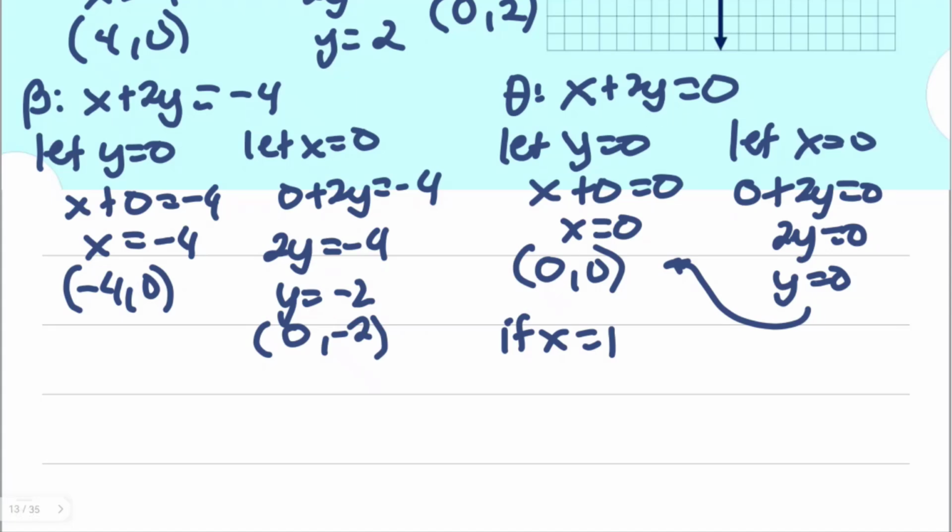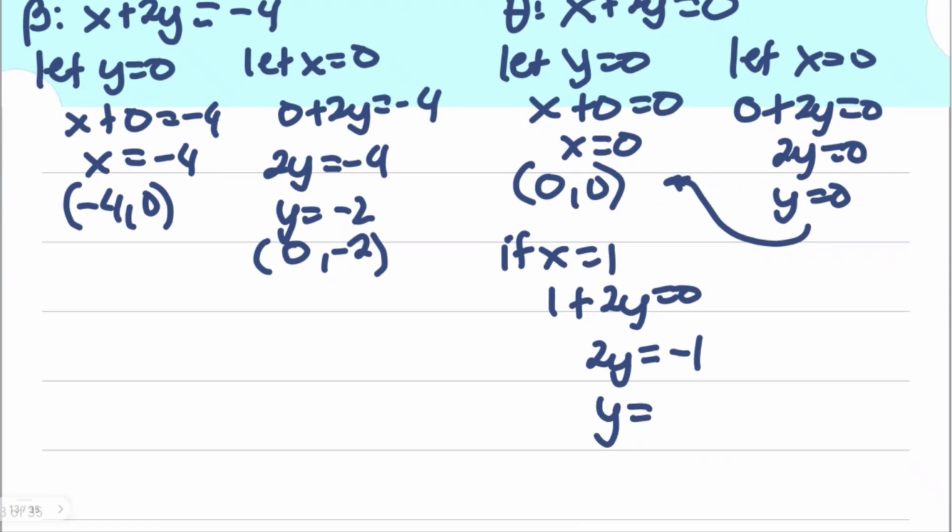But either way, if x is 1, you have 1 plus 2y equal to 0. 2y is negative 1, so y is negative 1/2. This is neither an x-intercept nor a y-intercept, but it's another point on theta which will allow us to graph that.